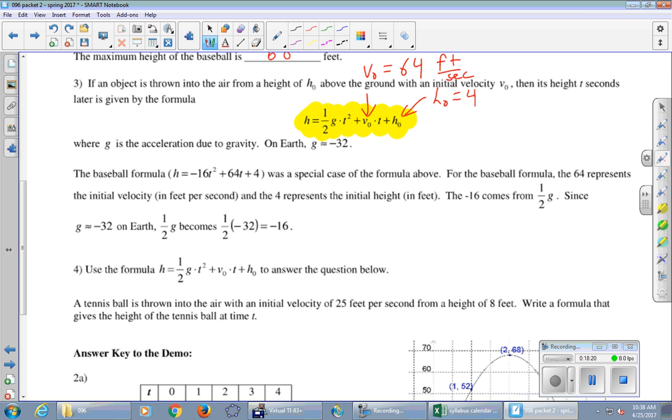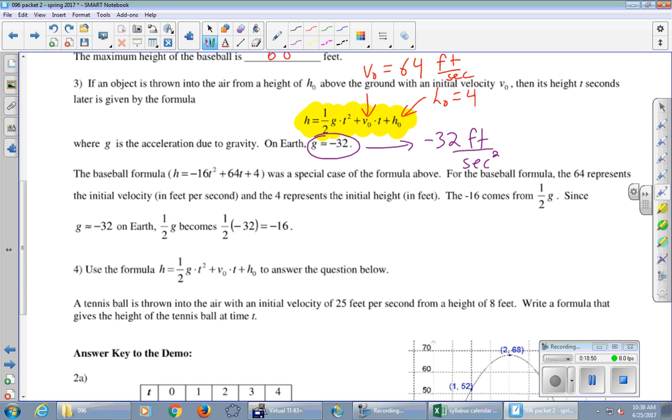Okay, and then here is a fact on Earth: the gravity is negative 32. I'm going to put units here. You don't need to ever worry about the units, but I will put them. This is just a constant that is specific to our planet Earth, that the acceleration due to gravity is negative 32 feet per second squared. On the moon, it's a different number.